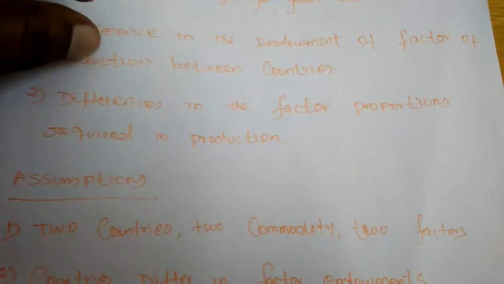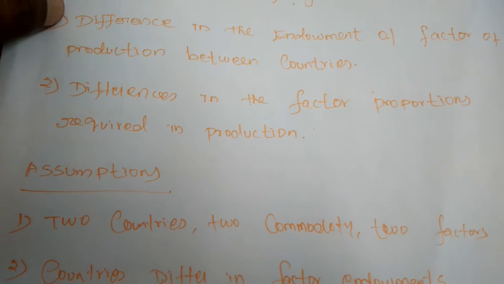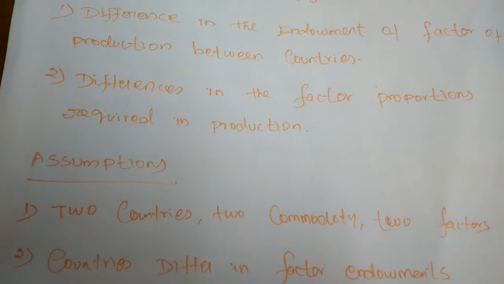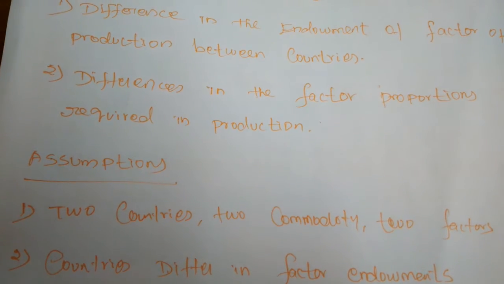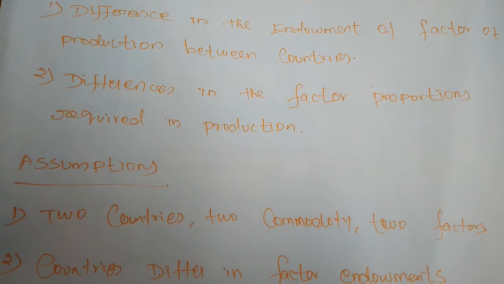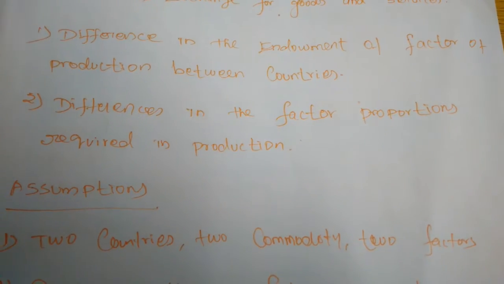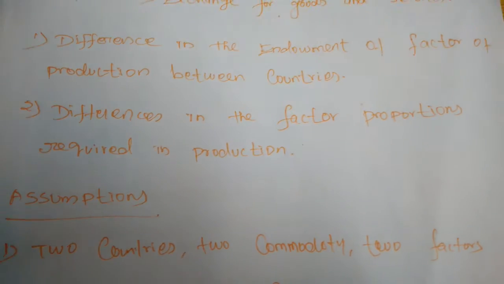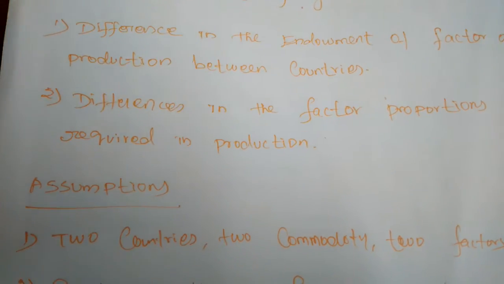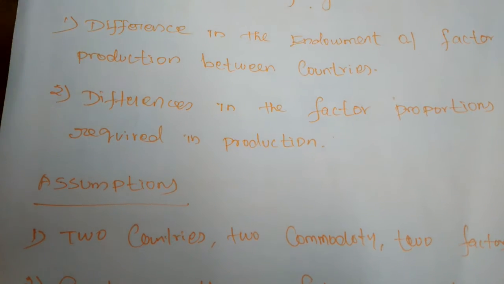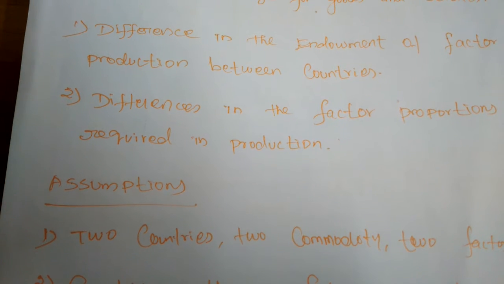The next is the difference in the factor proportions required in production. For producing any commodity, we must apply factors of production. The factor proportions will also be different in these two countries, because different countries use different methods, the labor intensive method or the capital intensive method.